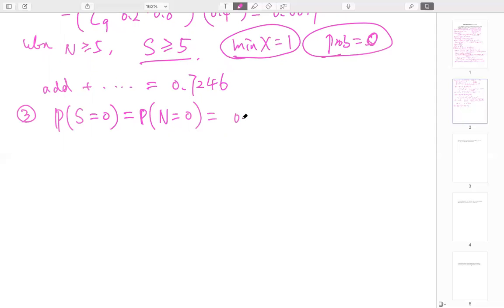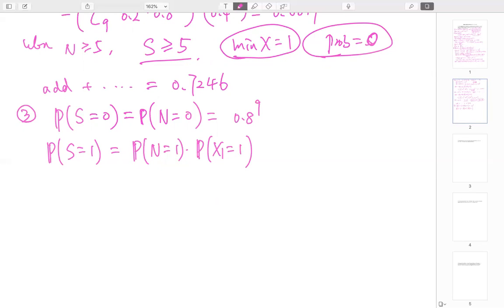So this is 0.8 to the 9th. In order for s being 1, the only chance is when n is 1 and when x1 is exactly 1, right? If you have 2 or more claims, the minimum is 2. That's why this question is actually special. You can actually analyze, right?